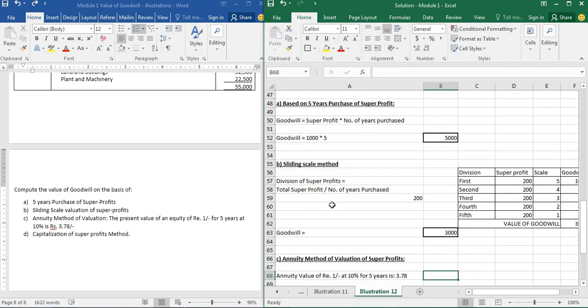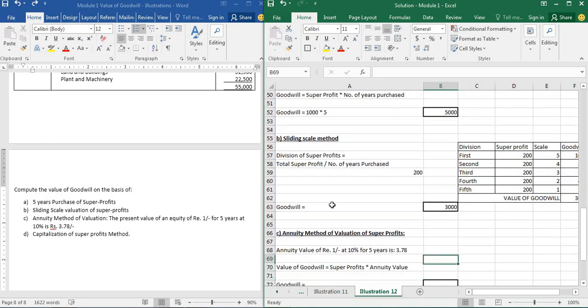Okay. Moving on to the third technique, which is the annuity method of valuation of super profits. In the question itself, they have given us the annuity value. Annuity value of rupee 1 at 10% for 5 years is 3.78. See, the normal rate of return is 10%. So at 10%, the annuity value of 1 rupee for 5 years is 3.78. How do we calculate goodwill?